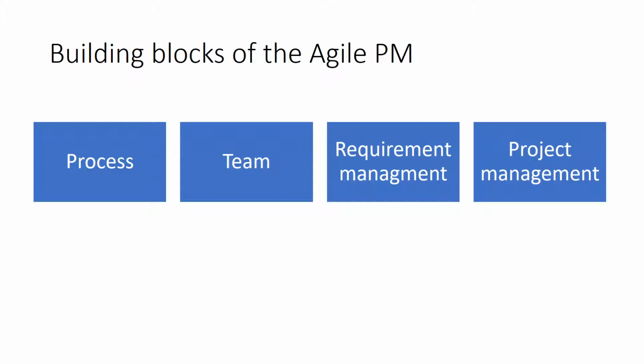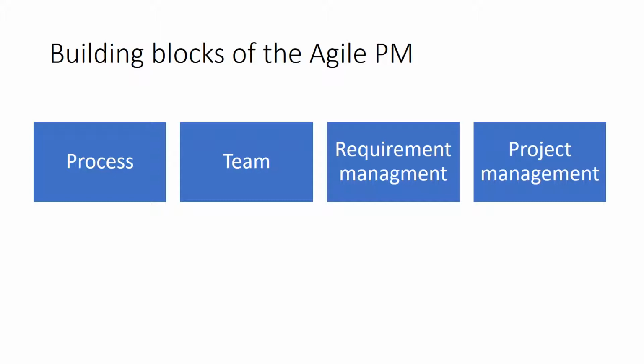The main building blocks of Agile project management are, first, the process: what we do, and what sequence of steps we use to deliver the value. Second, the team: how we manage people to deliver it, and how we work with the people.